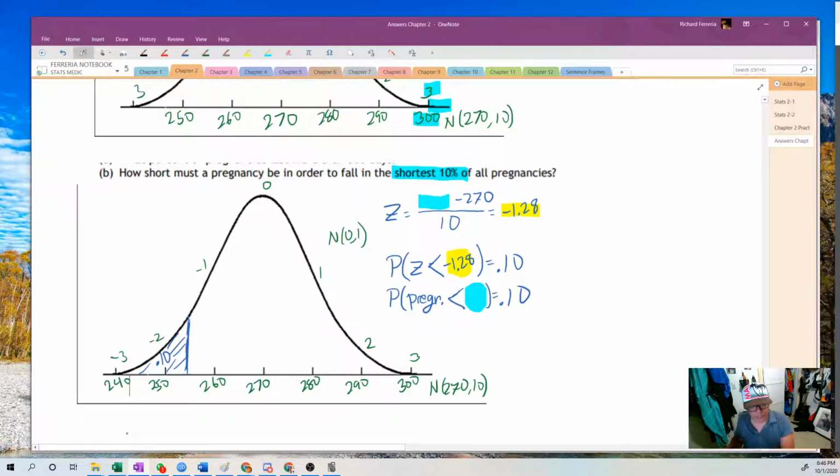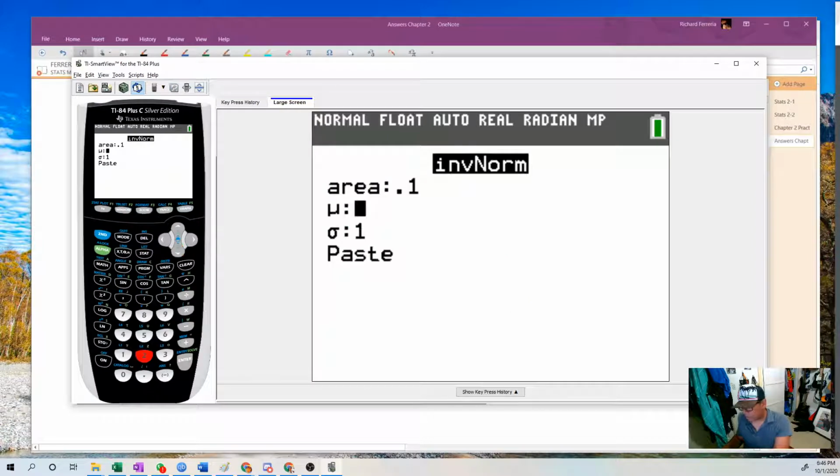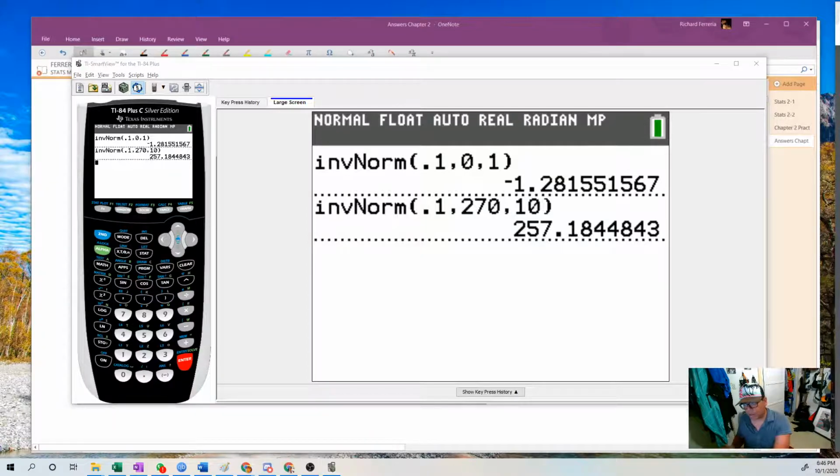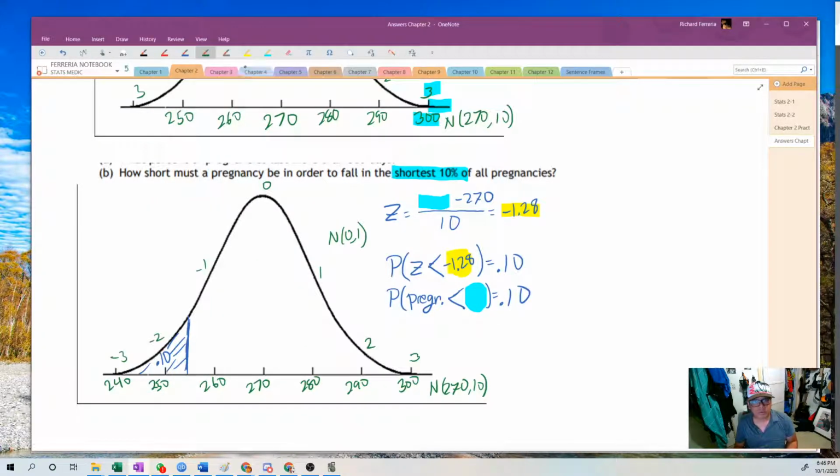Little bit of adjustment here. We know the mean is 270 and the standard deviation is 10. So 270 and 10. And that gives us a pregnancy lasting 257.2 days. We'll go ahead and write that in our blue blanks: 257.2.